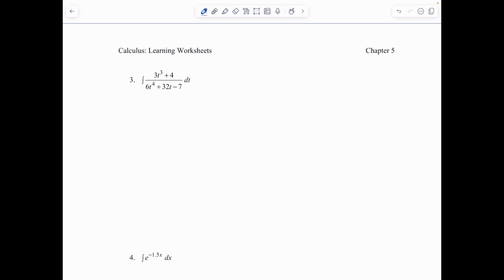The integral of 3t cubed plus 4 over 6t to the 4th plus 32t minus 7 dt. Let's make our substitution. U and du.